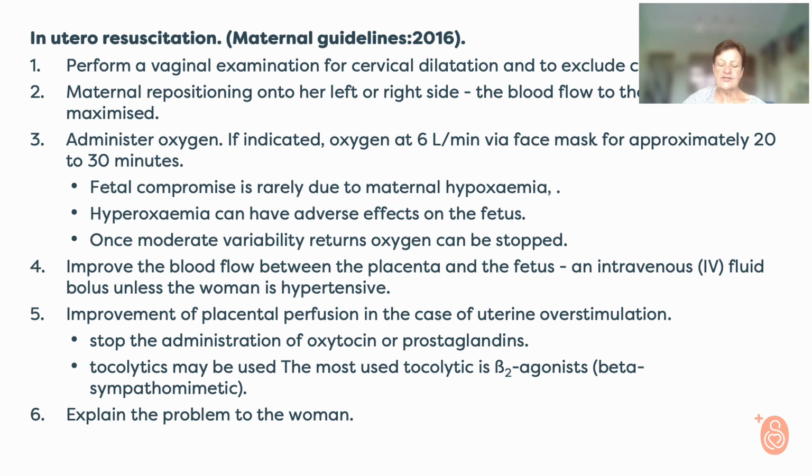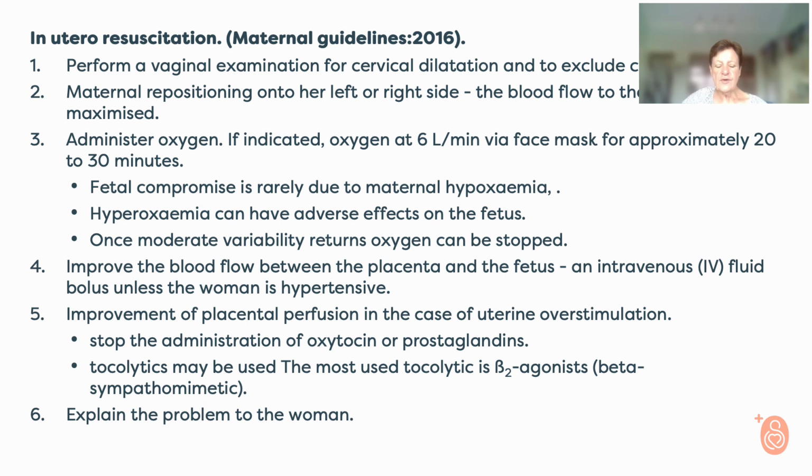We can reverse the work of the oxytocin very quickly by just stopping it, but prostaglandins we can't really reverse quickly because it's mostly in the mother's blood circulation, and the half-life of prostaglandins is much longer than that of oxytocin.